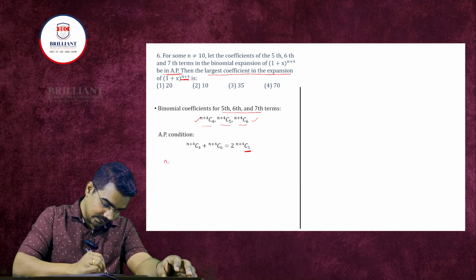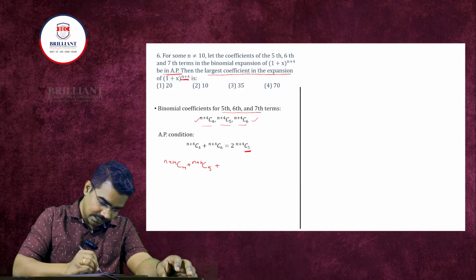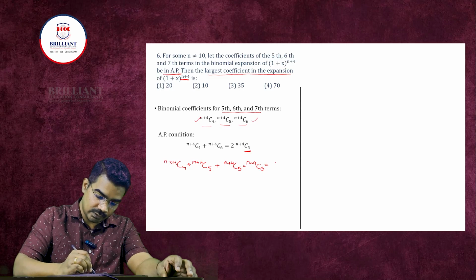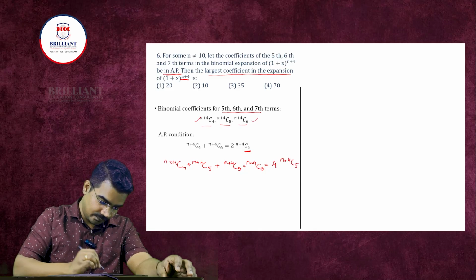So (n plus 4)C4 plus (n plus 4)C5 plus again (n plus 4)C5 plus (n plus 4)C6 is equal to, here I am adding it twice, so it will become 4 into (n plus 4)C5.